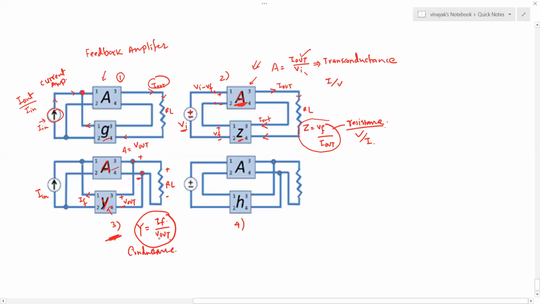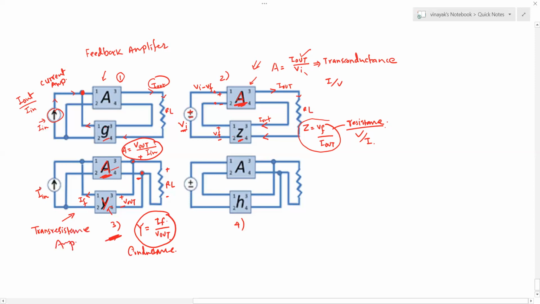However, the forward gain, which is from the input to the output signal path, is A equals V out divided by I in. Therefore, this third configuration is called a transresistance amplifier.